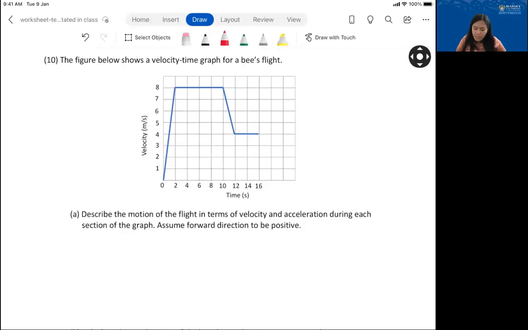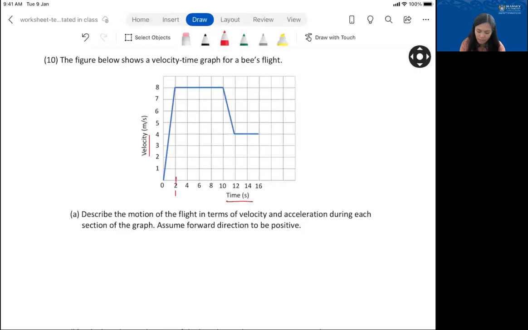Right. Next one is motion graphs. We have here a velocity time graph. The graph there is the blue line. And we are asked to describe the motion of the flight in terms of velocity and acceleration during each trip. So we need to divide this from 0 to 2 seconds.